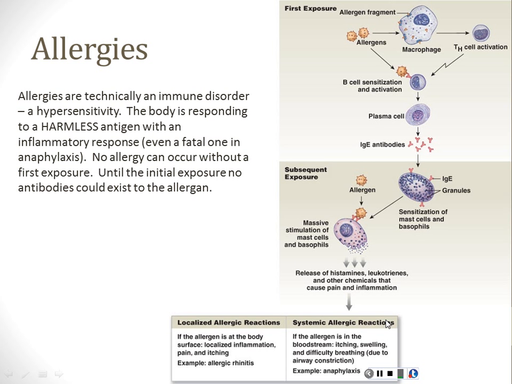Oftentimes the airway will swell shut, with leaky capillaries swelling, trying to protect the body from this otherwise harmless pathogen. And it can actually result in death. Anaphylaxis can. So you'll know that a patient is at risk for this if they either carry or talk to you about an EpiPen. Has anybody ever heard of an EpiPen?